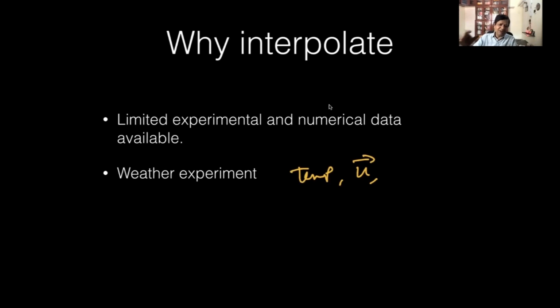There are probes, but there will be very limited probes. Within a city, how many probes can we have? There will be a 10-kilometer distance, oceans. So we get limited information, and from that we need to interpolate. For numerical simulation, we need all that data, and interpolation will be used for that.